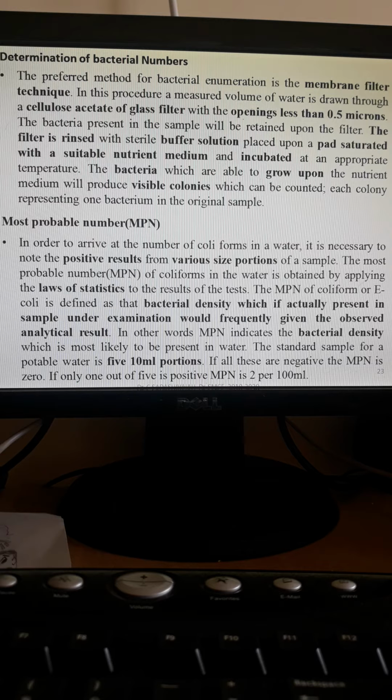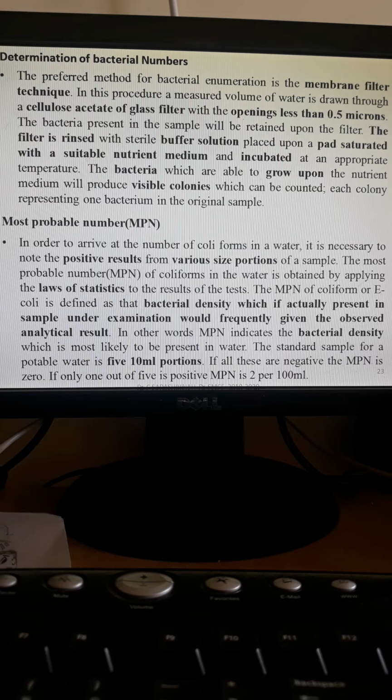Say in the second set where 1 ml was taken, if 3 test tubes show gas formation, then 3 are positive and 2 are negative. Similarly, in the third set, if only 1 test tube shows gas formation, then 1 is positive and the remaining 4 are negative.